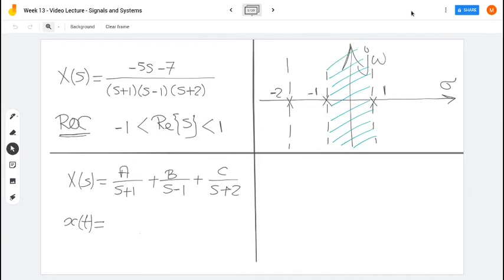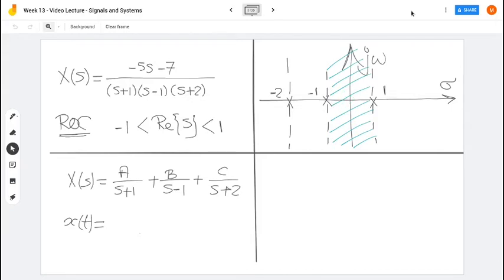So for this ROC, let's consider the first term we have over here. This term has a pole located at minus 1. So let's go to the pole located at minus 1. As you can see over here, the ROC we are solving for is considered right-sided with respect to this pole.